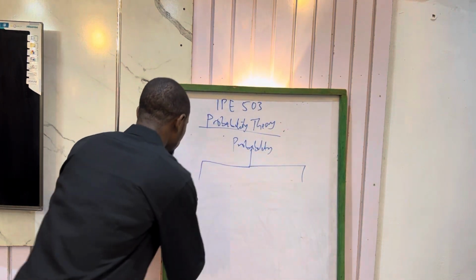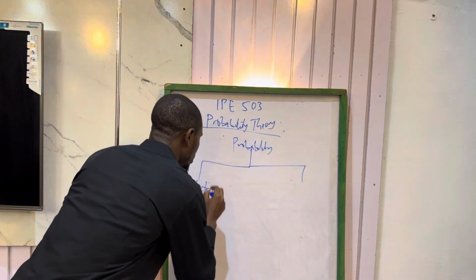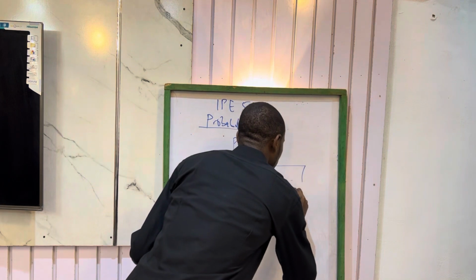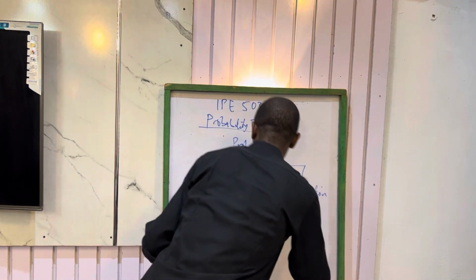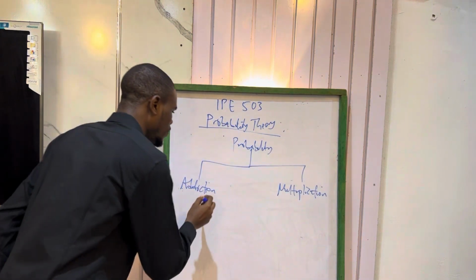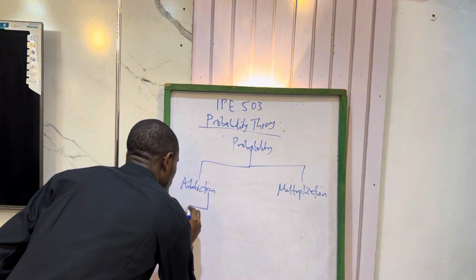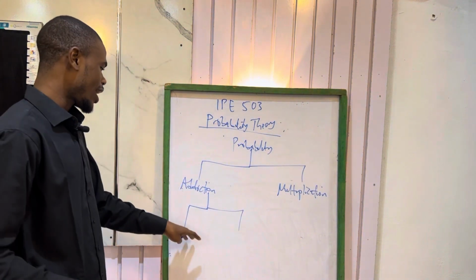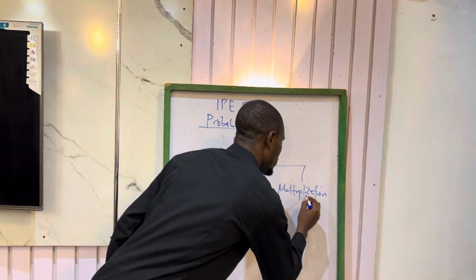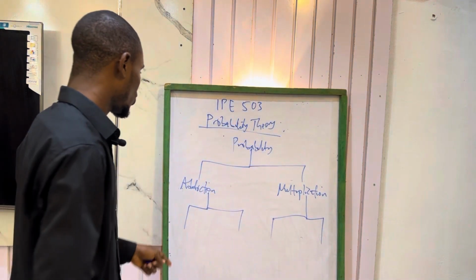We have the place of additive probability, or addition, and the place of multiplicative probability, multiplication. Under additive probability, there are two events that are likely to occur here, and under multiplicative probability, there are also two events that are likely to occur here.